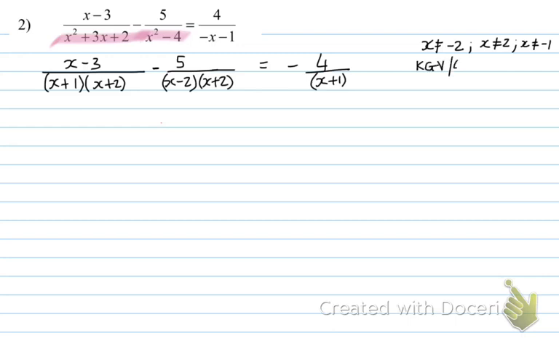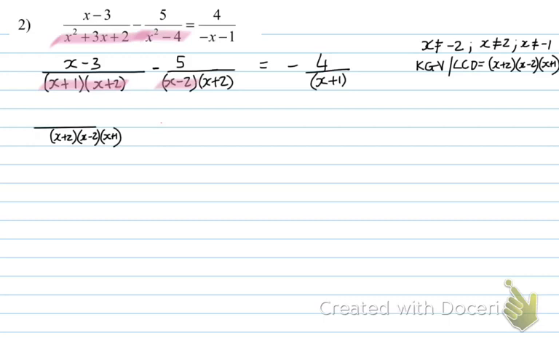Then I need to find my LCD. My LCD will be x plus 1, x plus 2, x minus 2, and then they repeat. So it's only x plus 2, x minus 2, and x plus 1. Alright. Now I write my LCD everywhere.